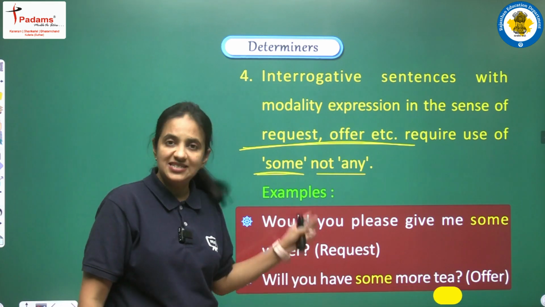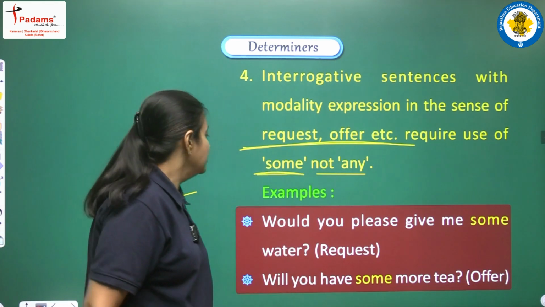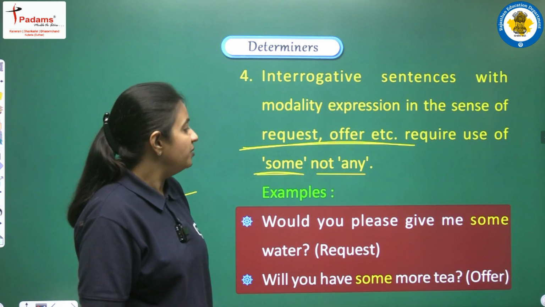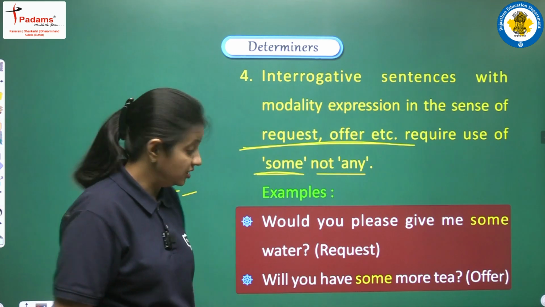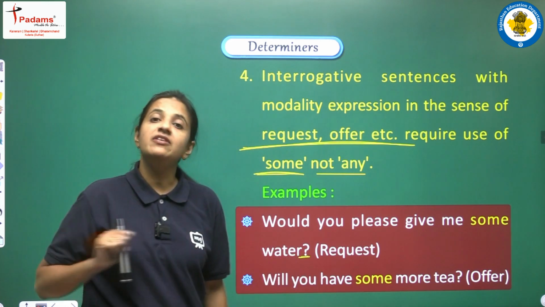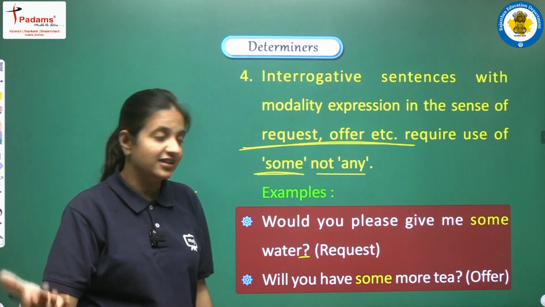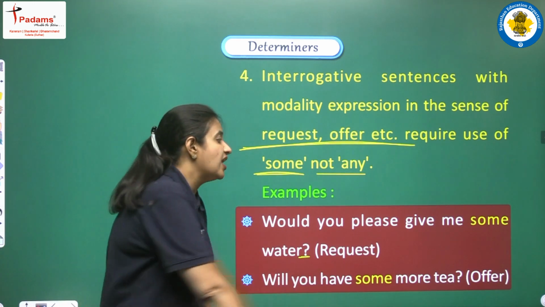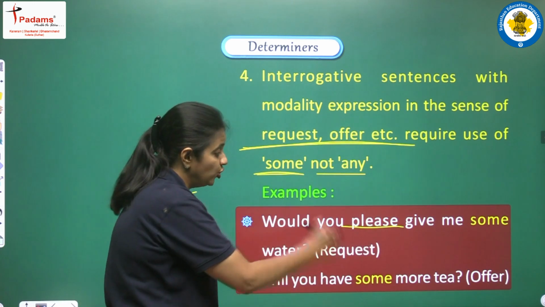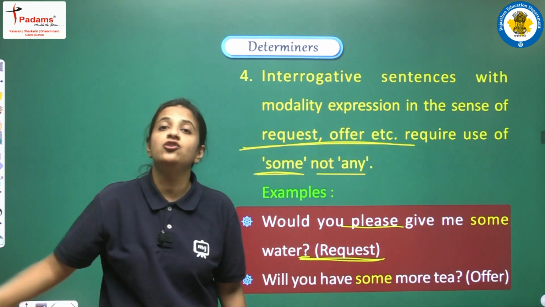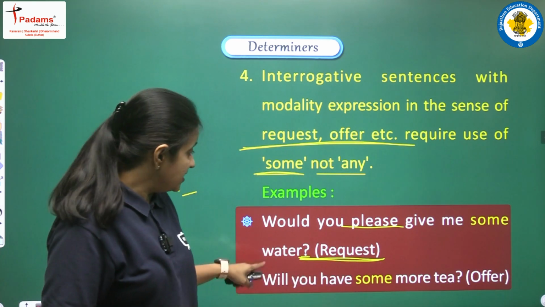And now let's see the examples related to this point. The first example is, would you please give me some water? So here we can see that we are having a question mark at the end of the sentence. So this is an interrogative sentence, it is clear, but in this sentence we are having please also. It shows that we are having one kind of request, we are requesting actually.